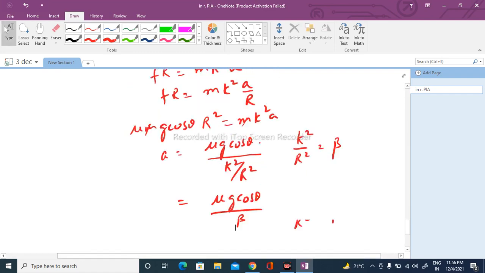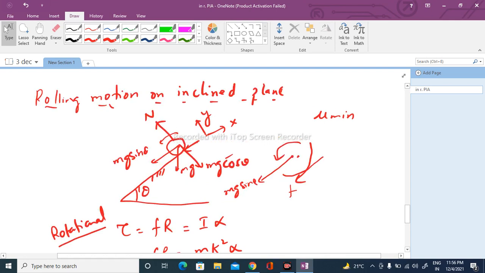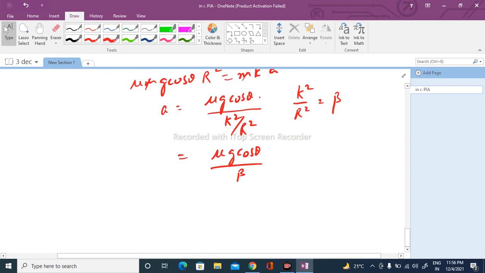Now let us see the translational acceleration. So the net force here is mg sin theta. The motion is trying to happen in this direction, so this friction we have to apply in the opposite direction. So the net force will be mg sin theta minus f, which is mg sin theta minus mu mg cos theta.